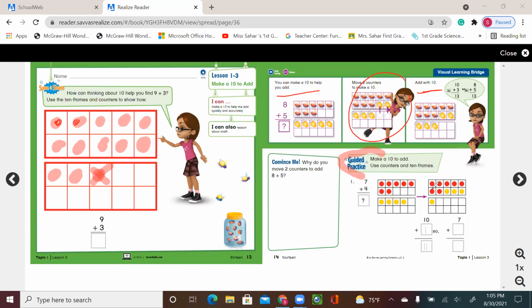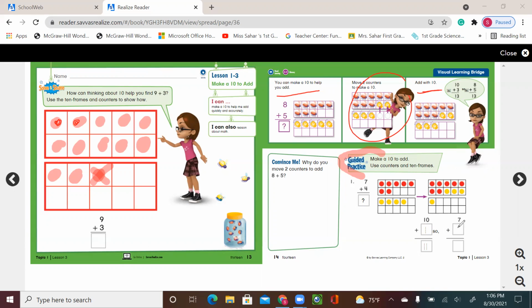And that's exactly what we have here. So we have our 7 counters and I add 3, moving them from the second 10 frames to have 10. So now I have 10. And how many counters are left in the second 10 frames? Only 1 counter or 1 cube. So now I have 10 plus 1 equals 11. That means 7 plus 4 equals 11 and 10 plus 1 equals 11.